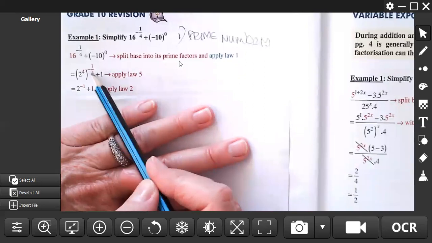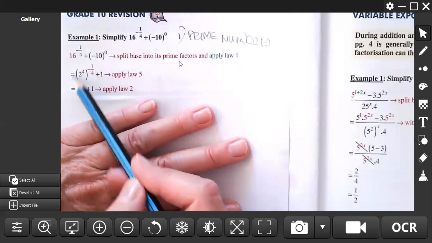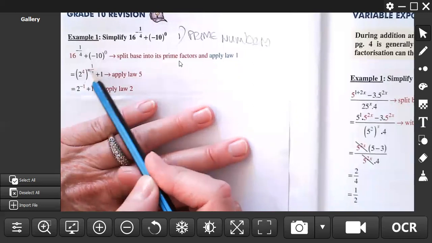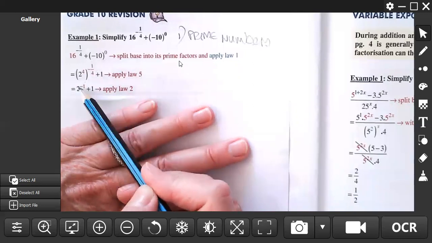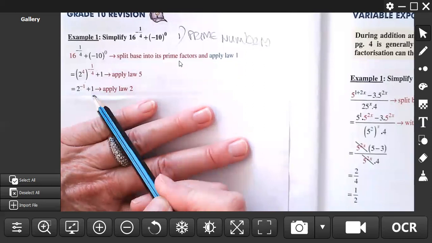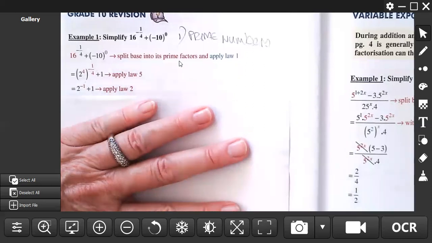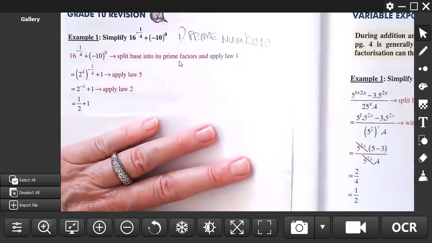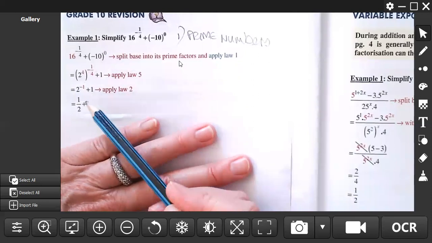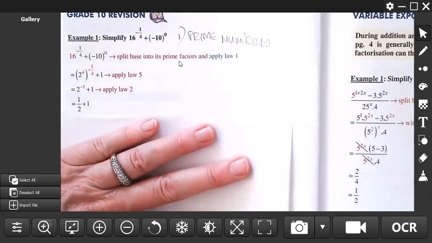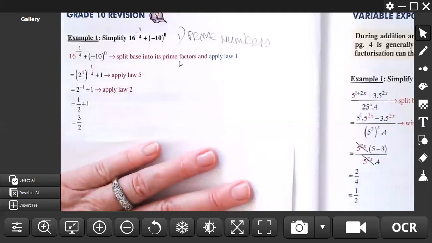We know that when it's an exponent to the power of something, we multiply. So now we are going to get 2 to the power of minus 1 plus 1. And here, if we write it with a positive exponent, it's going to be a half plus 1. And that is 3 over 2. So that is your first example.